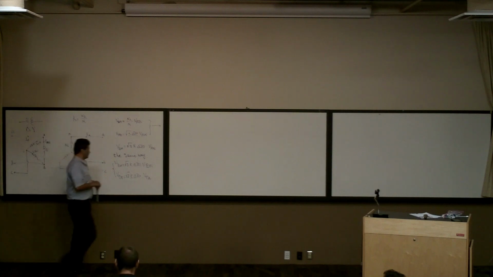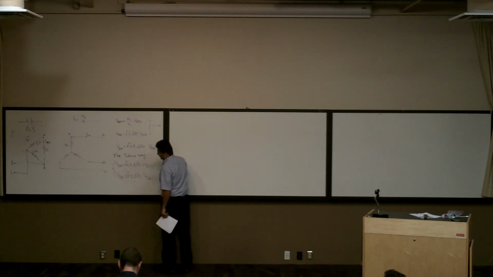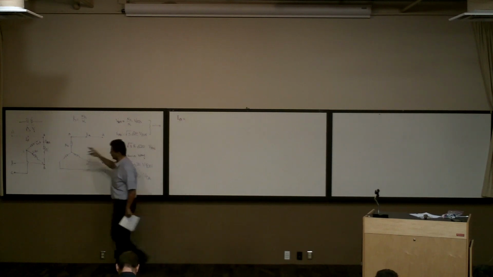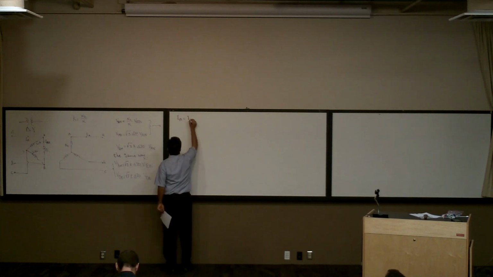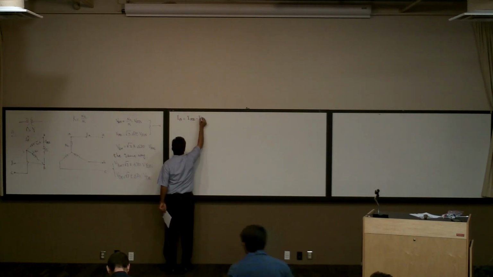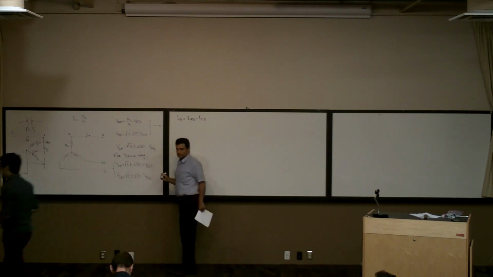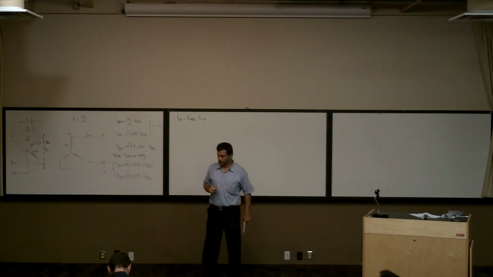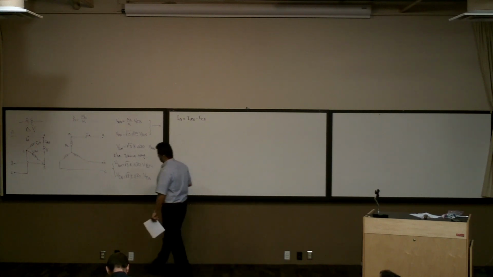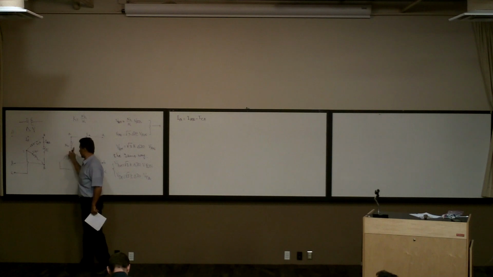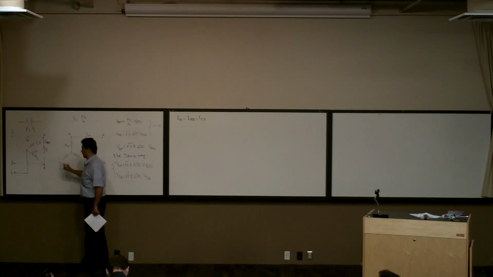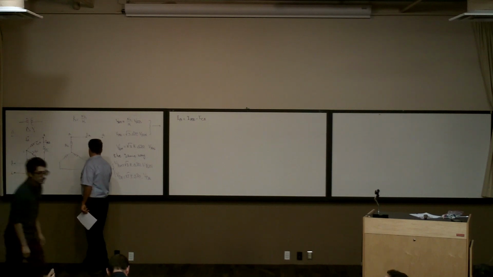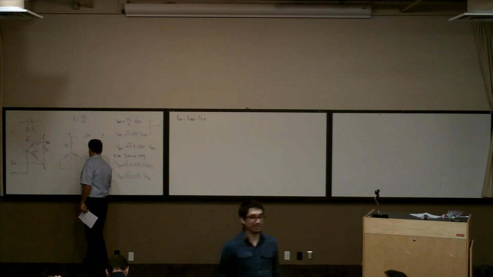If you look here, I can say IA is equal to IAB minus ICA. Right? IAB is going to be related to IA, ICA is going to be related to IC, and this is the IB and IC.